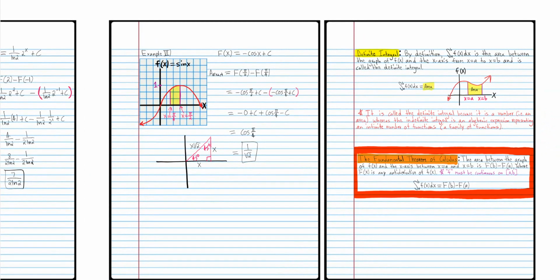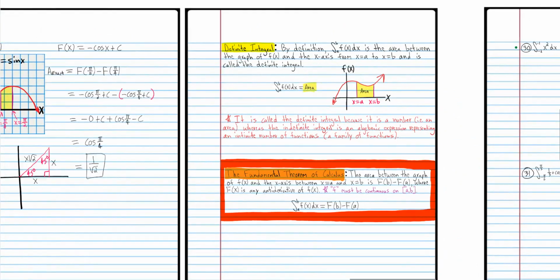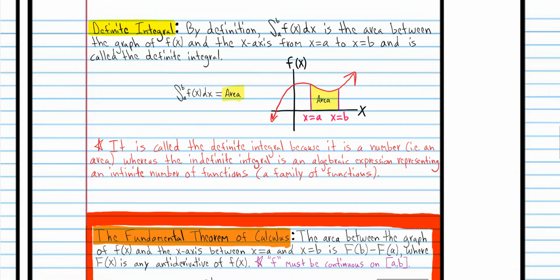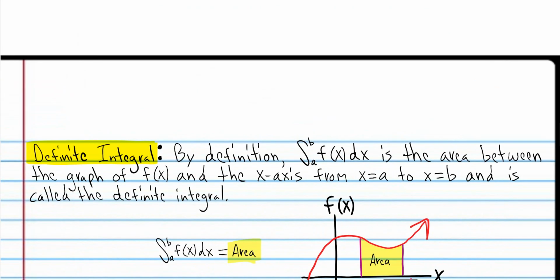So now we're going to learn the notation that is used with the math that we just learned. Now, we learned about indefinite integrals in the previous class, and we reviewed them today. An indefinite integral, like this, for example, gives you a family of functions.